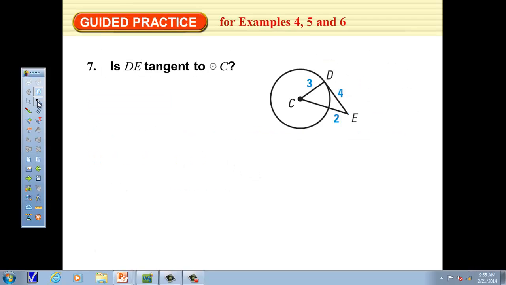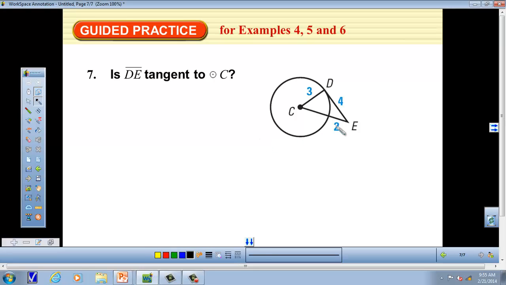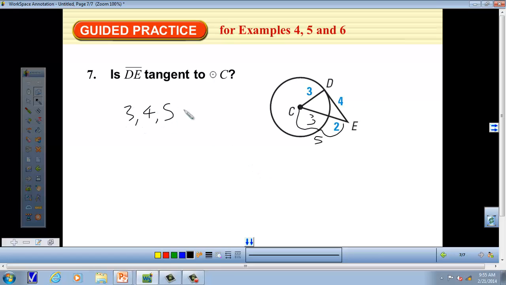And here's another one. This one's a little bit tricky because if we look at it, we get 3 here, we get 4 here, and then it says from here to here is 2. Well, this is our radius. So we know this is 3. So in this case, we know it's 5. Hopefully you can tell that this is a 3, 4, 5 triangle.